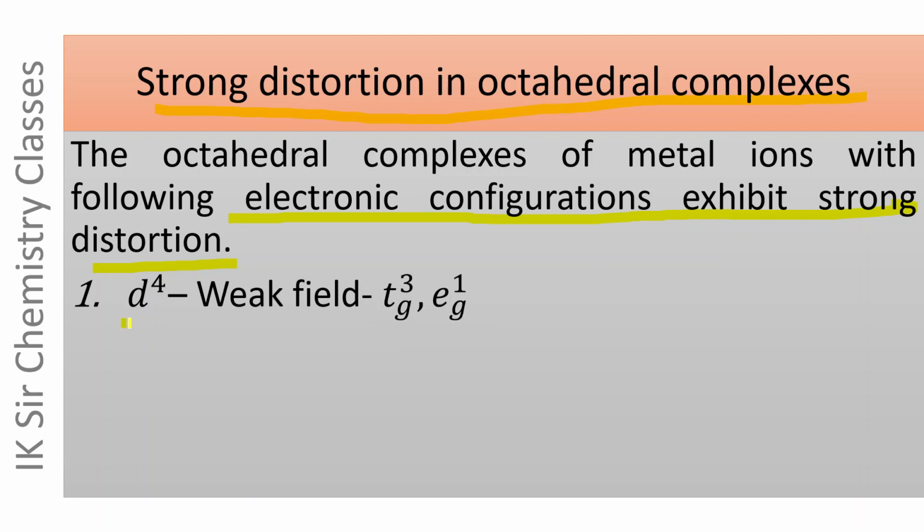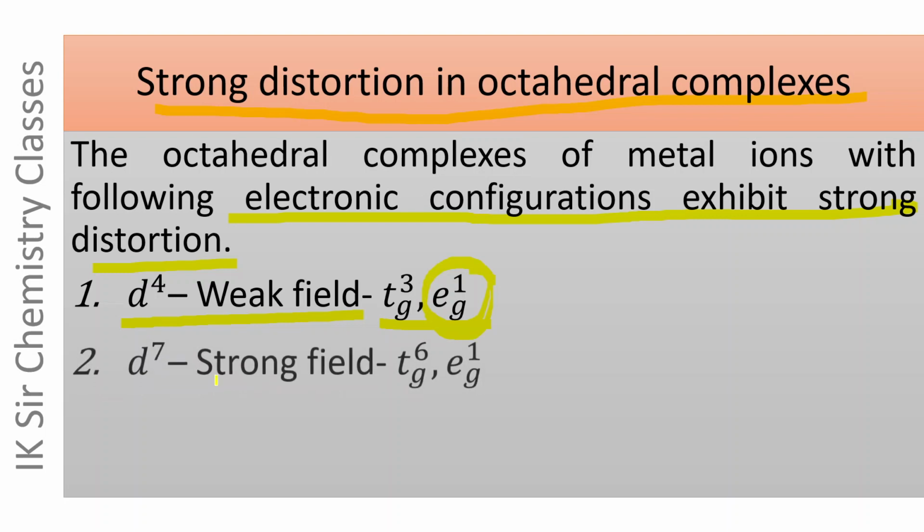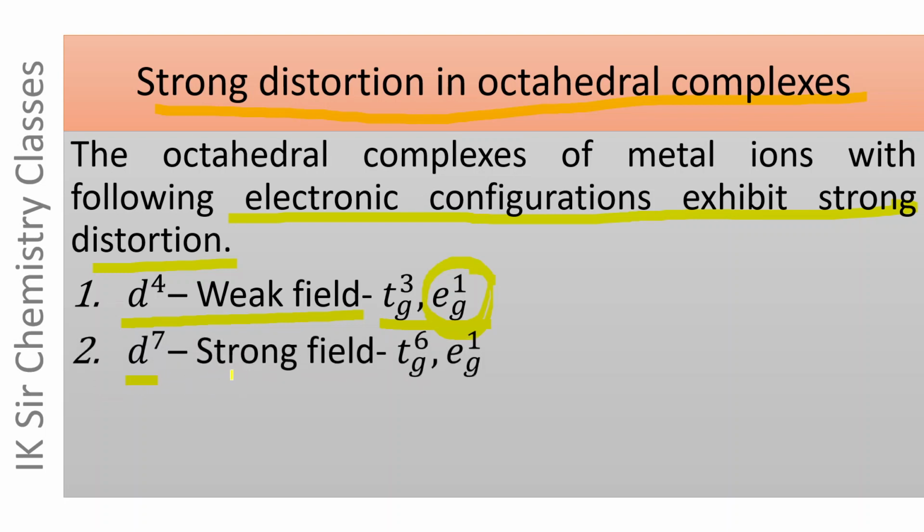d4, weak ligand field, has electronic configuration t2g3 and eg1. Here eg1 is unsymmetrically filled. d7, strong ligand field: in a strong ligand field, d7 has electronic configuration t2g6 and eg1.